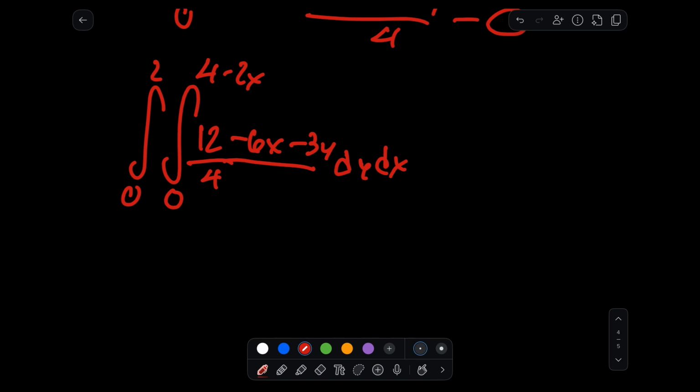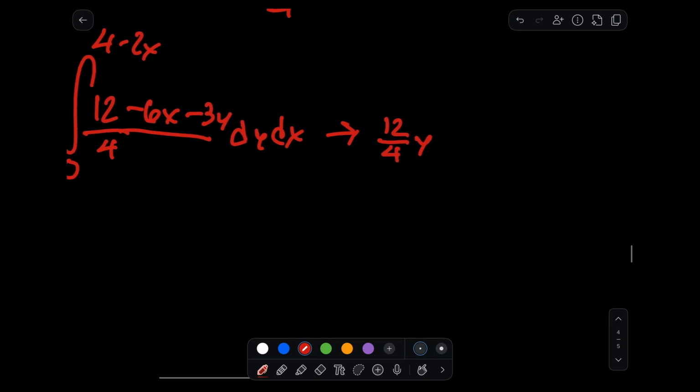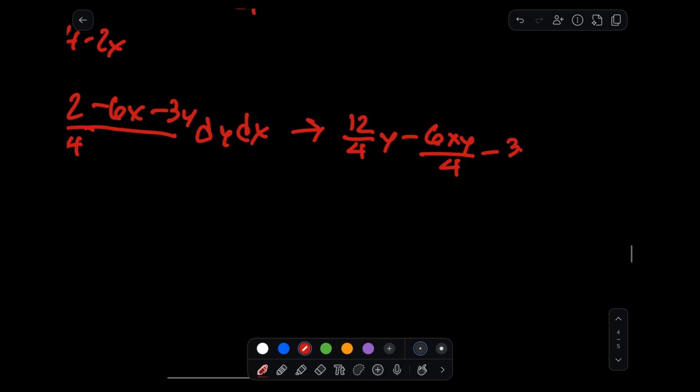From here, we would integrate this, where we got 12 over 4 y minus 6xy over 4 minus 3y squared over 8, evaluated from this to this.